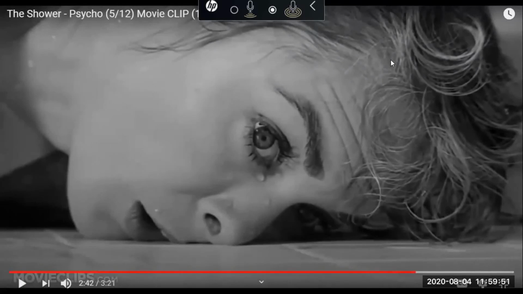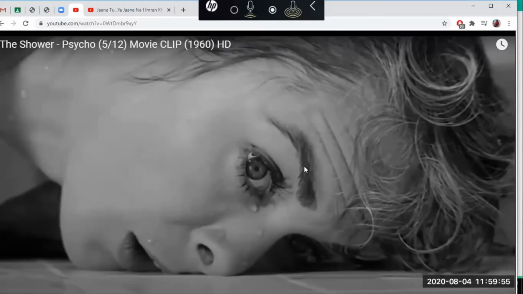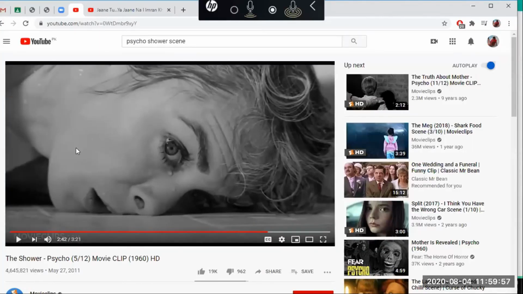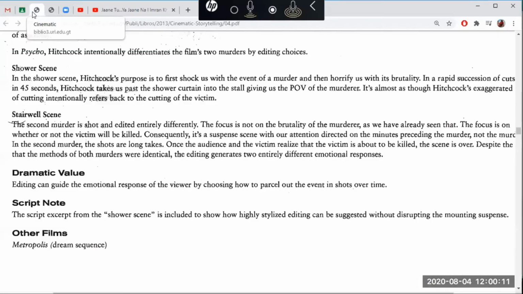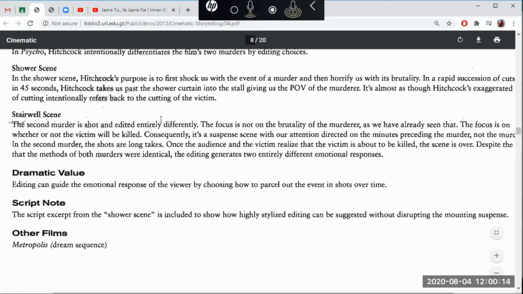All right, so this murder sequence completed in 3 minutes and 21 seconds. In reality it must have taken longer, even for the murderer to commit murder. But Hitchcock shows the shower scene in a rapid succession of cuts.